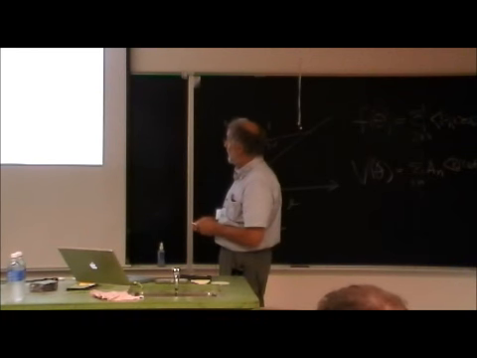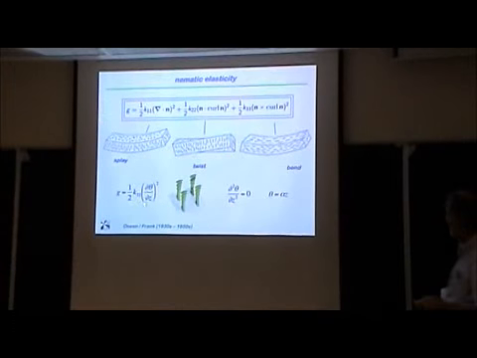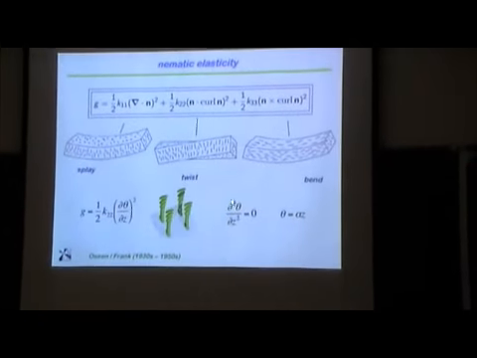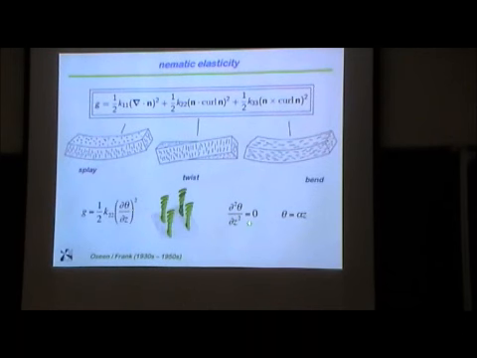The energy will be 1/2 k (d theta dz) squared. From this I can do a variation and get an Euler-Lagrange equation, which just says that d second theta dz squared is equal to 0. This gives me a linear variation of theta from top to bottom.